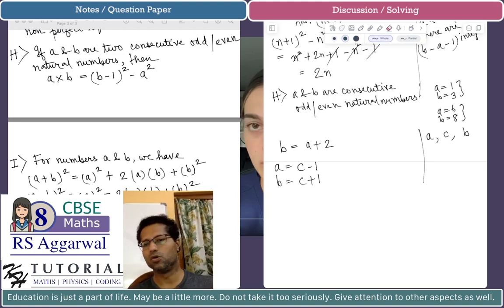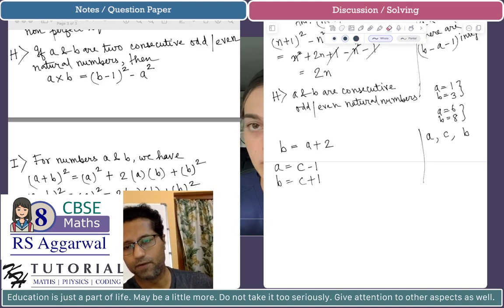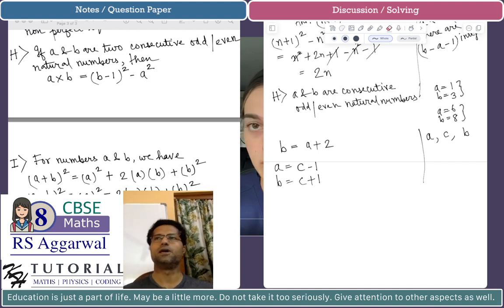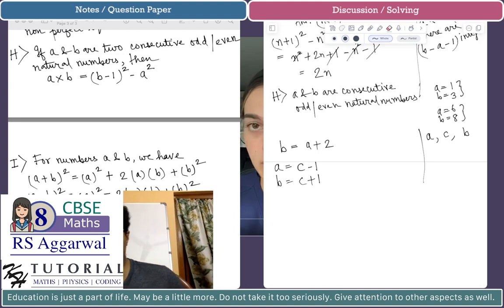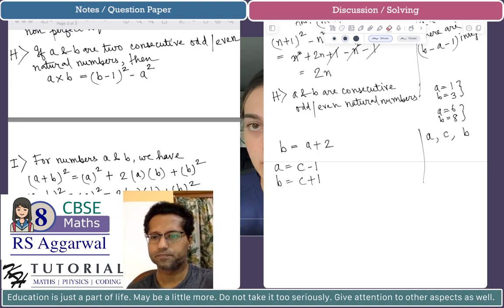If a and b are two consecutive odd or even natural numbers, I will have exactly one natural number between a and b. If I call it c, then a, c, b will definitely be three consecutive natural numbers. Then I can say that a equals c minus 1 and b equals c plus 1.